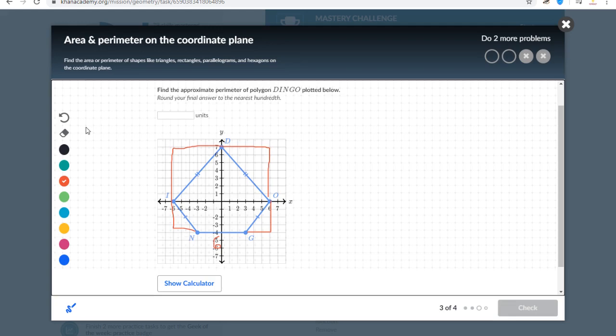Let's find this top one first. Really, we only need to find one of these and times it by 2 because we got one on the other side. So let's do this top one first.